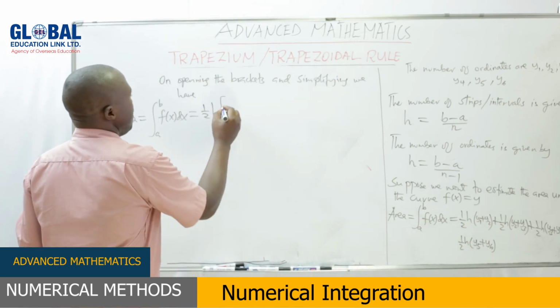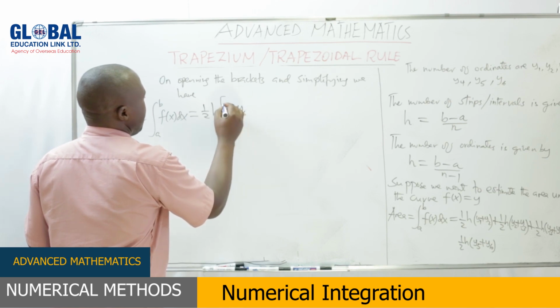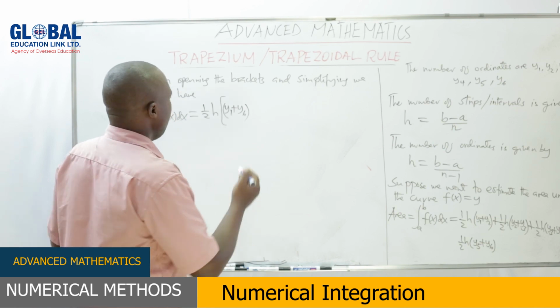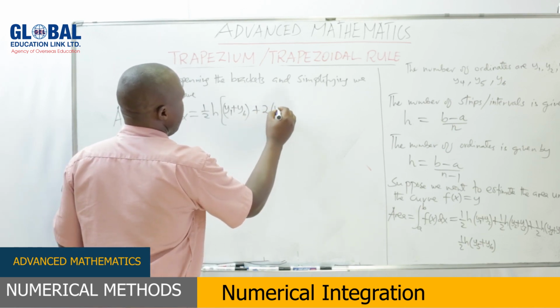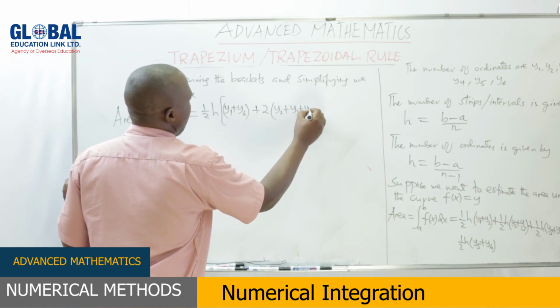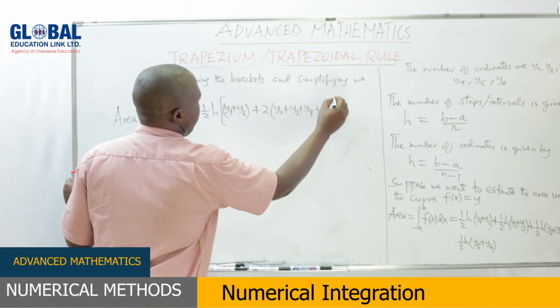So it will be y1 plus y6. Then the others will be twice. So then plus twice the remaining ordinates, that is y2, y3, y4, and y5.